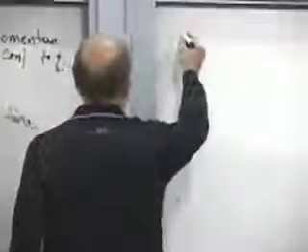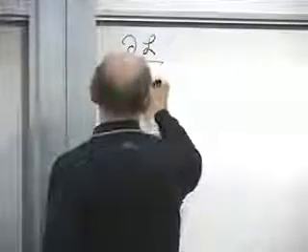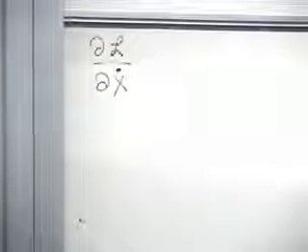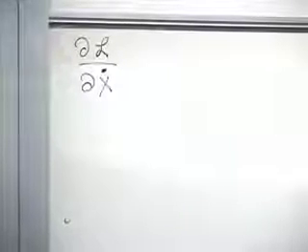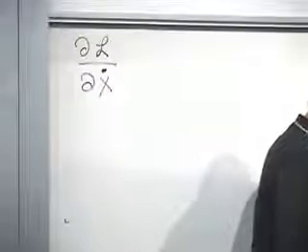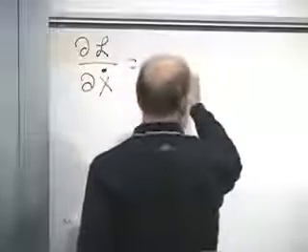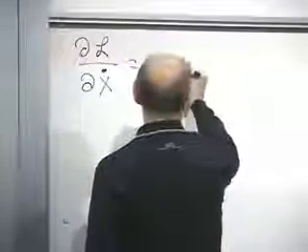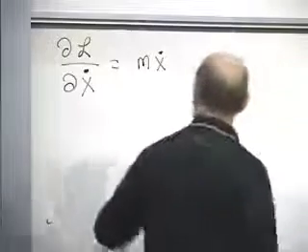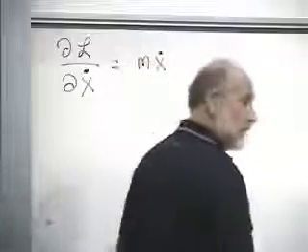First of all, what is dL by d? Now it becomes dL by dx dot. This is the canonical momentum conjugate to x. Well, dL by dx dot, here's x dot, the only place where x dot appears, is just equal to m x dot. The 2 goes away because we have x dot squared, and when we differentiate with respect to x dot, that just gives us m x dot.